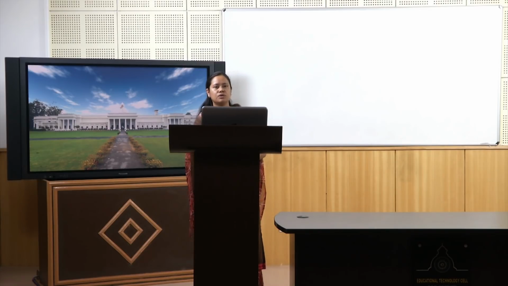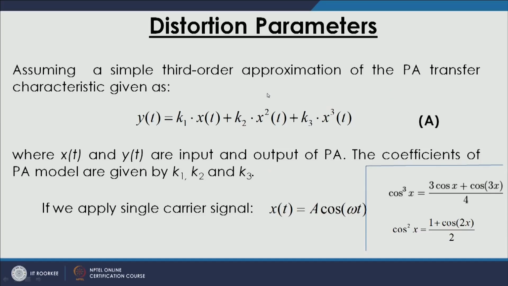So let us have a look at the distortion parameters, how they actually work. Let us assume that our power amplifier, which is a nonlinear device, has a third order transfer function. So y(t) is a function of x(t), and x(t) is the input signal.